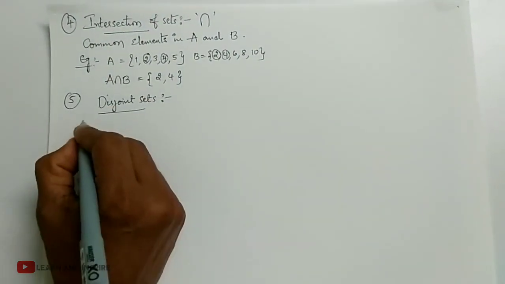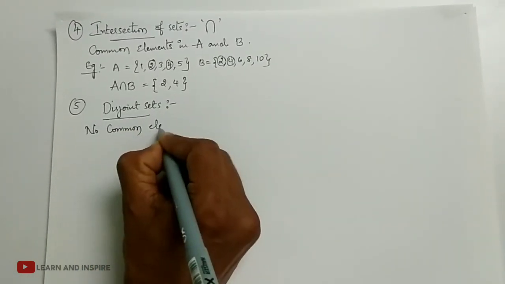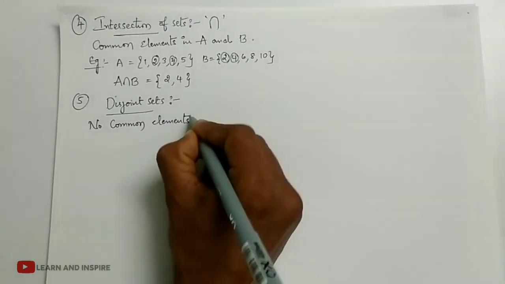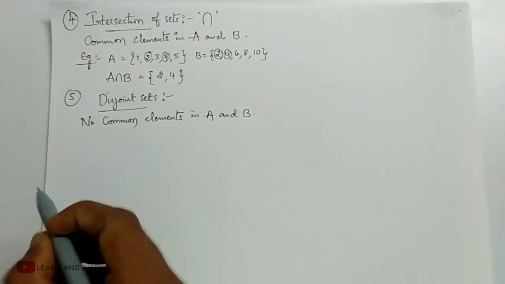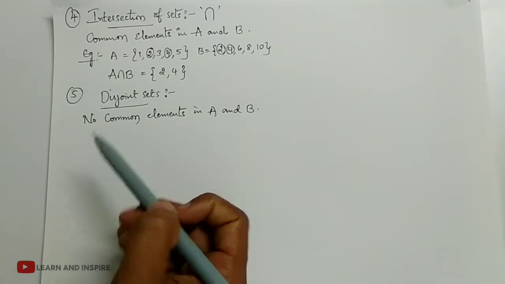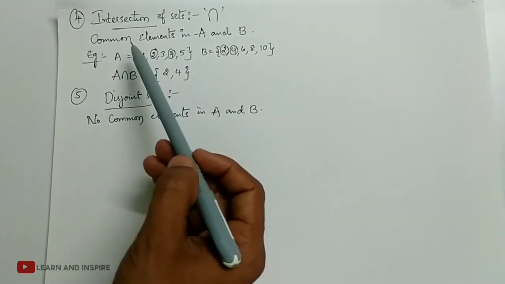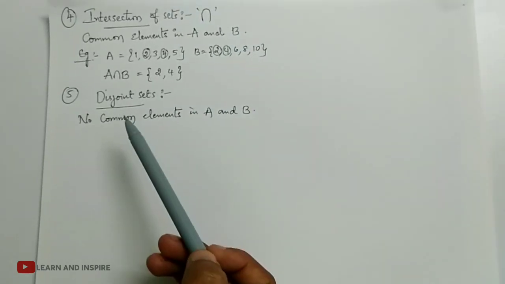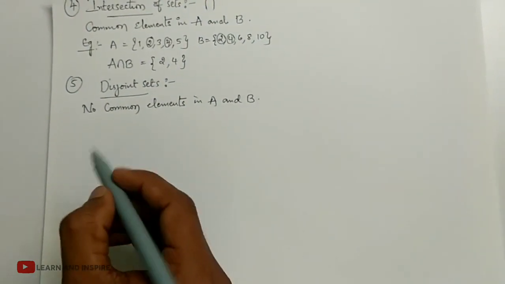No common elements in set A and set B are called disjoint sets. Okay, don't be confused. Intersection of sets are common elements in set A and set B, whereas disjoint sets are nothing but no common elements in set A and set B.